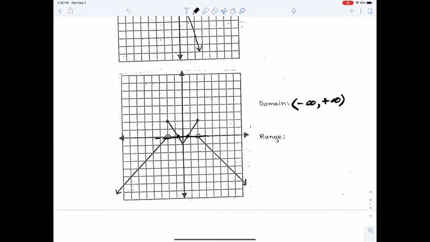Okay? So we're still touching the graph at 0. Okay, still touching it, but up here at 2, it is touching it right at 2, but after that, it's not touching it. So we include 2, but then the range values stop at 2.